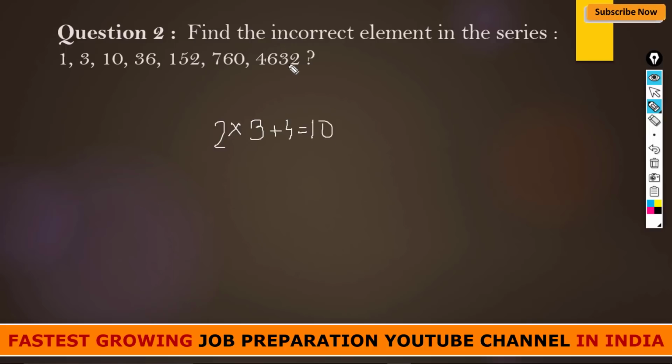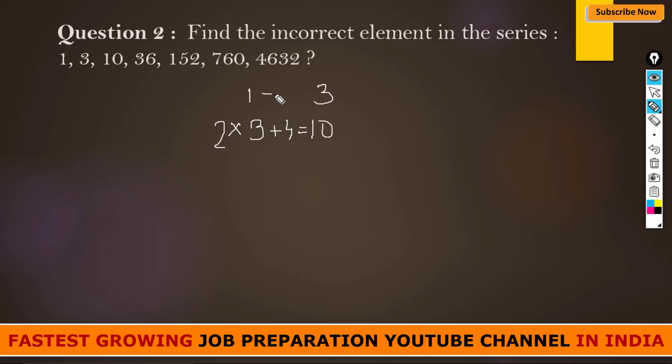Now let us go to the first number, 1 to 3. How to make 1 to 3? From 1 you need to bring 3. We should follow the previous logic, put the values here and see if this logic is working. So 1 into how much plus a number becomes 3? 1 into 1 is 1, and 1 plus 2 is 3.